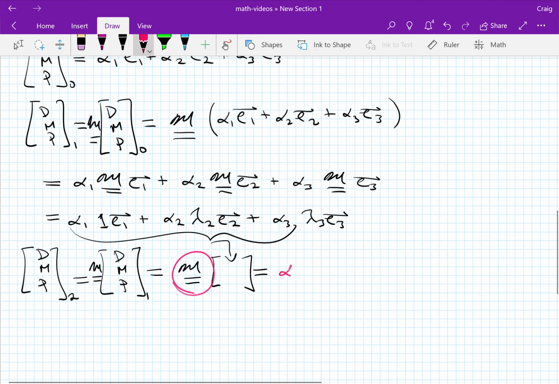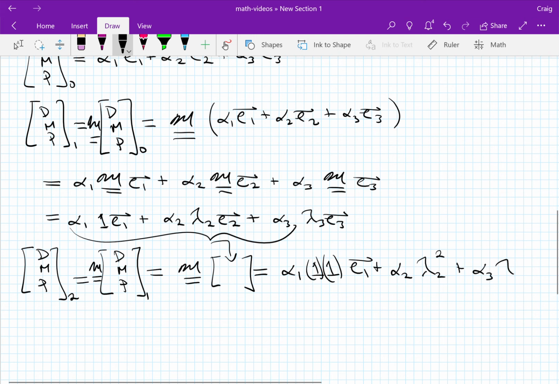So I have an alpha 1, then I have 1 squared, also known as 1, times E1 plus alpha 2 times lambda 2 squared. I have another factor of lambda 2 because I've hit that E2 vector with the M matrix one more time. And then finally I have plus alpha 3 lambda 3 squared times E3.